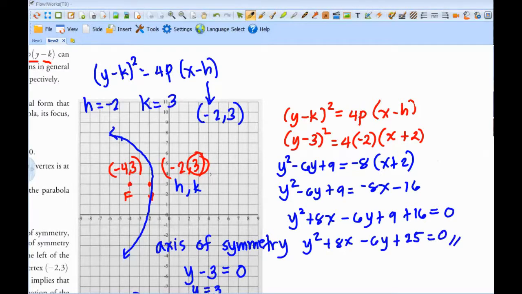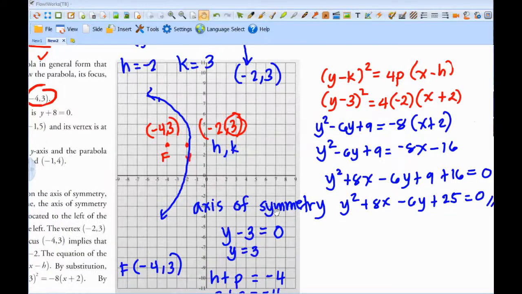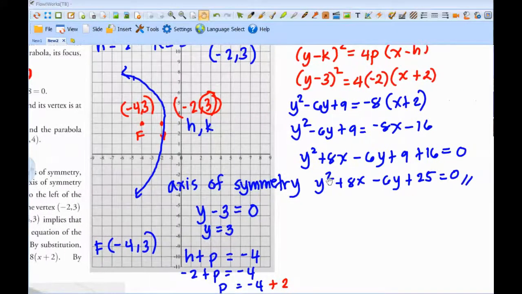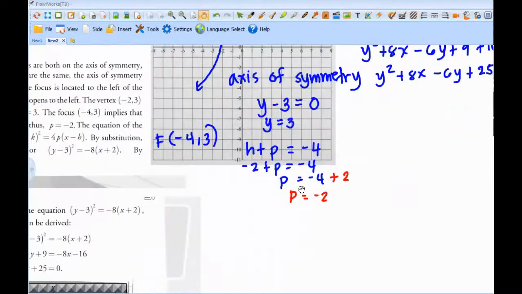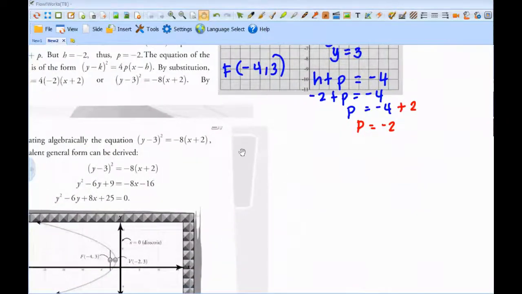So this is the general form of the parabola. Make sure that you have only one term to the power of 2, the y squared. When the parabola opens right or left, it is y squared. All right, so let's go to the next one.